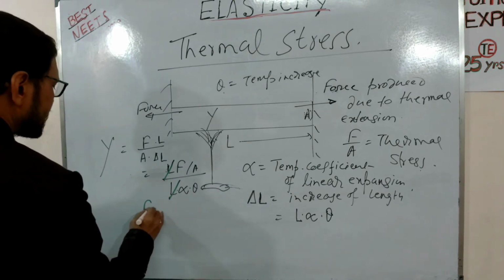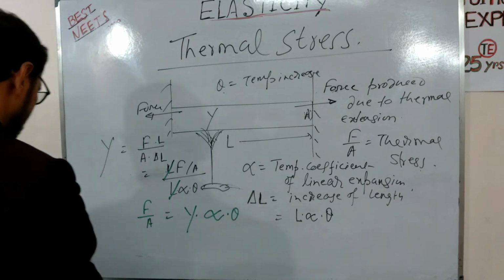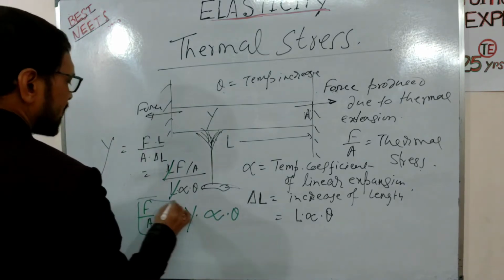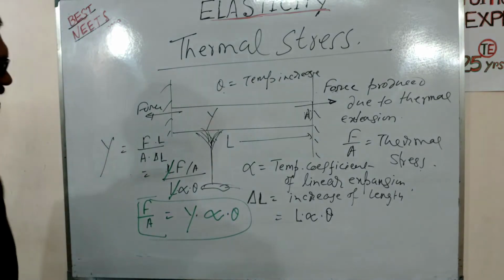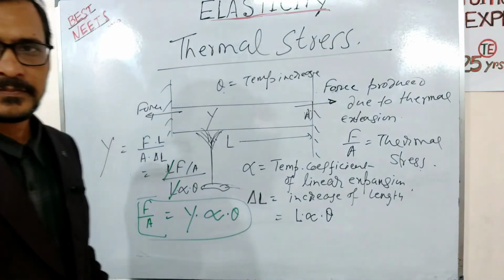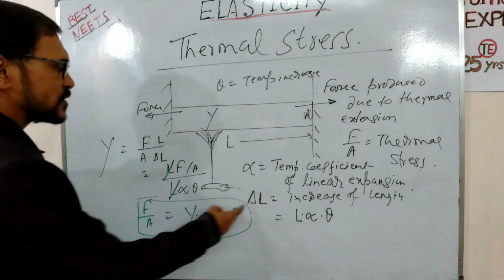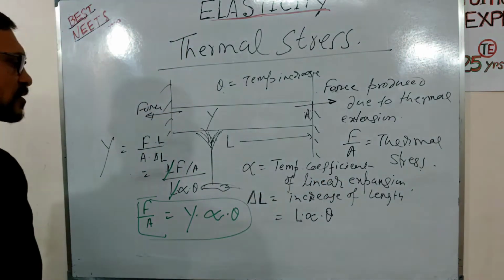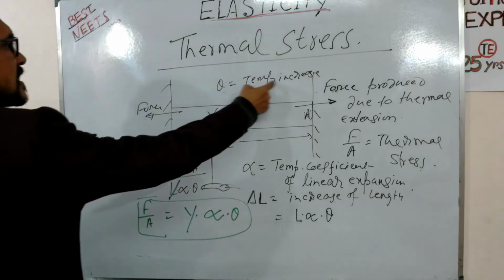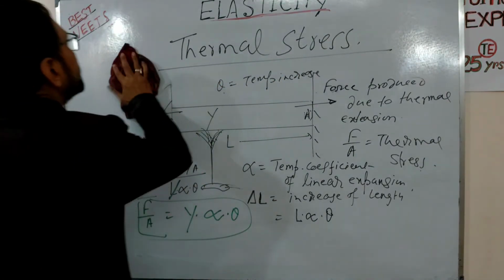So F by A equals Y alpha theta. So this is the thermal stress. The formula of thermal stress equals Y alpha theta, where Y is the Young modulus, alpha is the coefficient of linear expansion, and theta is the temperature increase.